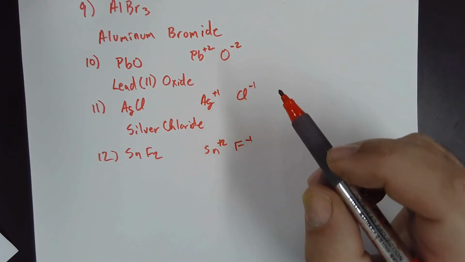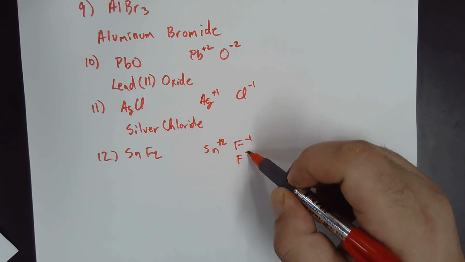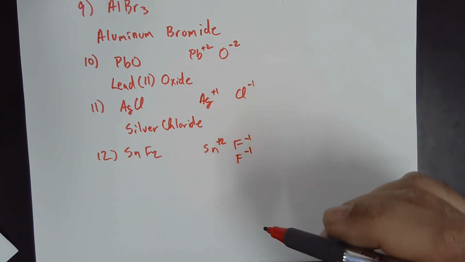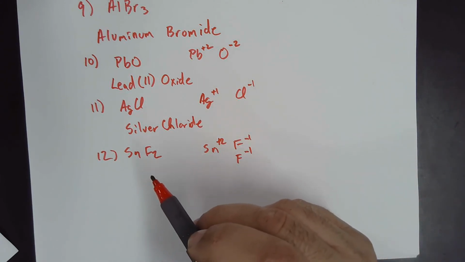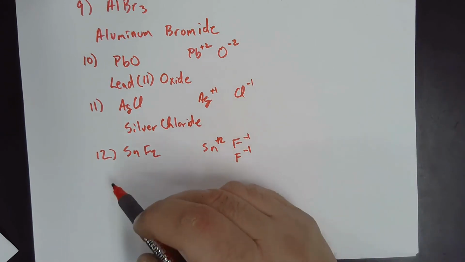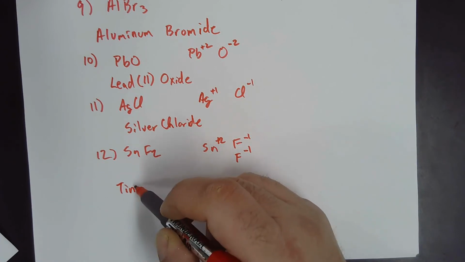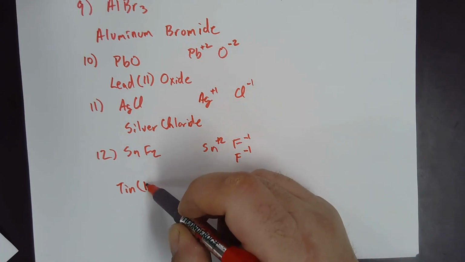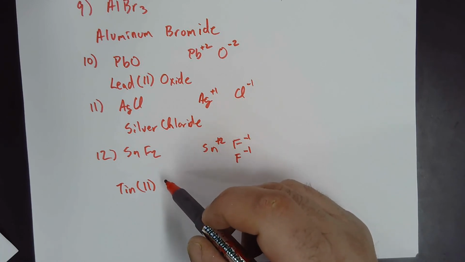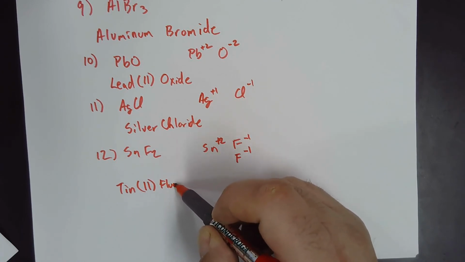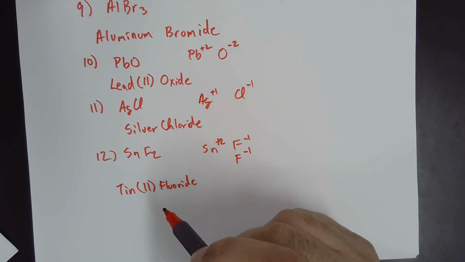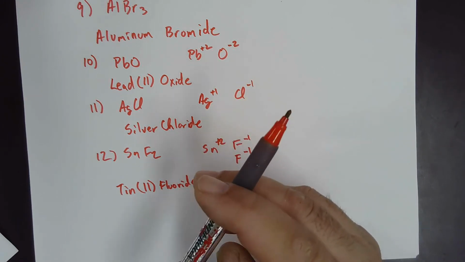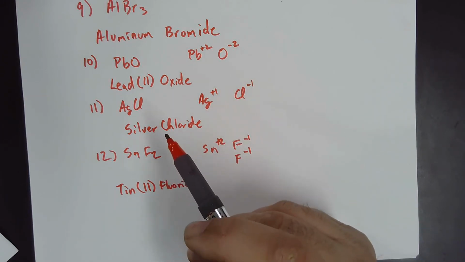This has to have a +2 charge because I have 2 fluorines. All right. So what's a name we're going to write for this? Tin in parentheses, Roman numeral 2, then what else? Fluoride. Make sense? Nobody has any questions at all.